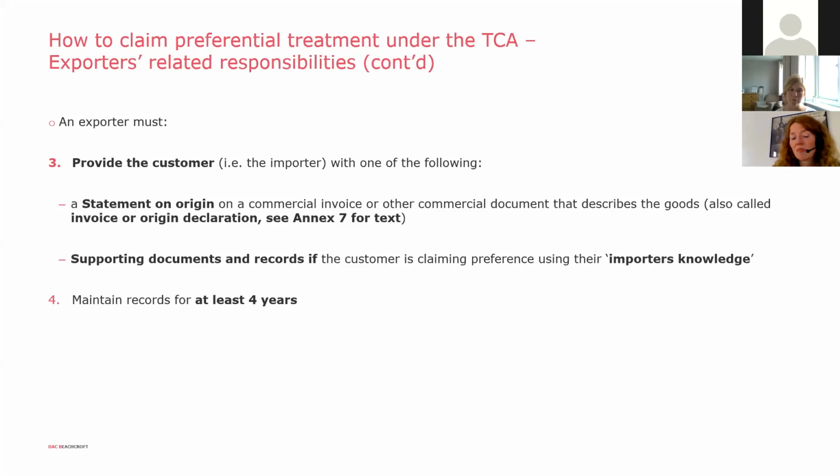That can be provided in a commercial invoice or other commercial document that describes the goods, or supporting documents and records if the customer, so the importer, is claiming preference based on importer's knowledge. And all these records must be maintained by the exporter for at least 4 years under the TCA.